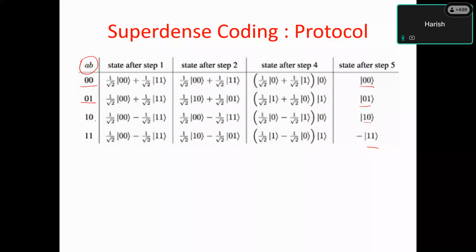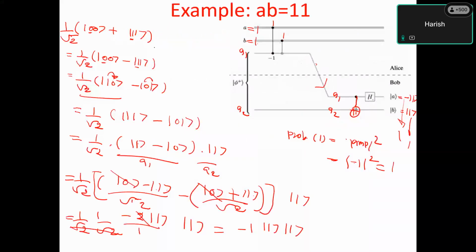So this way we are able to implement the superdense coding protocol, in which our goal was what? Our goal was that we wanted to send 2 bits of information using a single qubit, this single qubit Q1. We are able to send these 2 bits of information to Bob because we sent only 1 qubit to Bob.